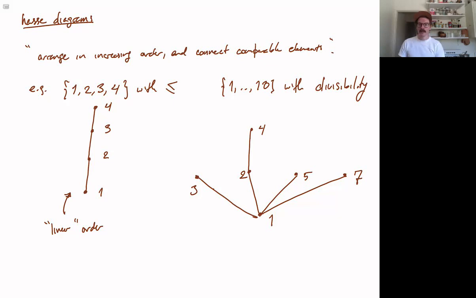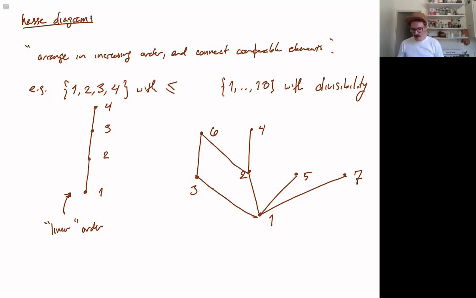But now we're going to start seeing, so the first difference is that we have multiple things coming off of 1 because we have incomparable elements. The other thing that is different from this other case is that we'll start joining up as well. So for example, 6 is greater than or equal to 3. It is also greater than or equal to 2. So we add both these edges because neither of them could be gotten from the other.